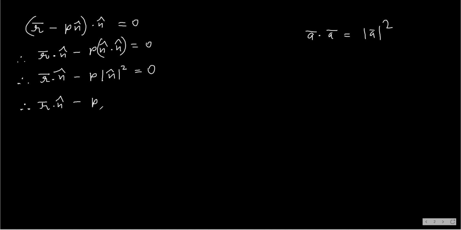It is the distance of the plane from the origin. And what is mod n cap, students? It is 1. n cap is a unit vector, so its magnitude is 1. So here you have 1 square, which is 1, and p into 1 is p. Therefore, r bar dot n cap equals p.